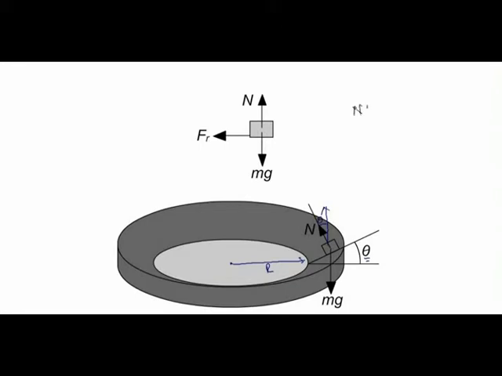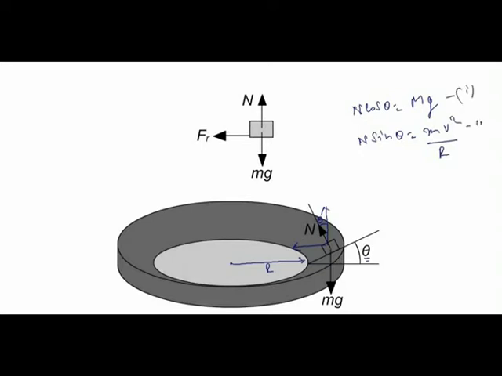So we have n cos theta is equal to mg, and the horizontal component will provide the necessary centripetal force. So n sin theta will be equal to mv square by r, where m is the mass of the object and v is the velocity at which it is traveling.